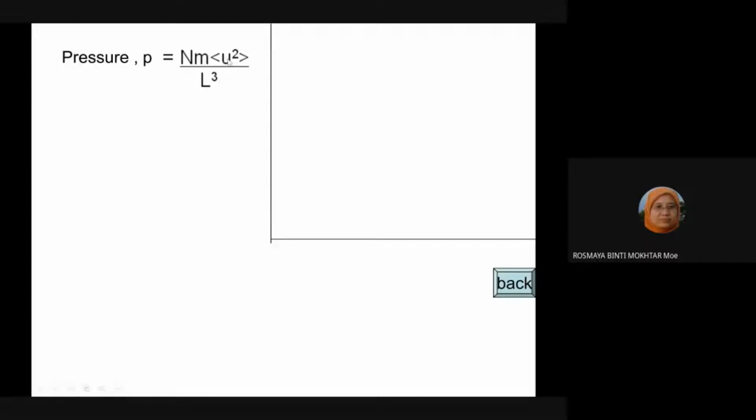This is along x only. We have along y and along z as well. So we are going to be more specific now. The mean square speed in general is C, where in the first slide I showed you C is the velocity of one molecule, and we have the components u, v, w along x, y, and z. So we total this up and it becomes the mean square speed of the molecules of the gas.